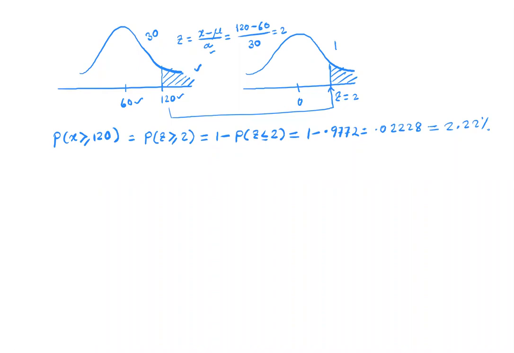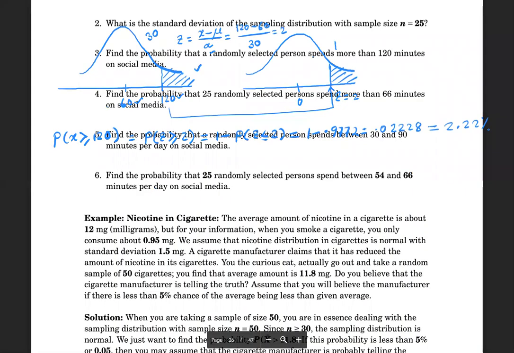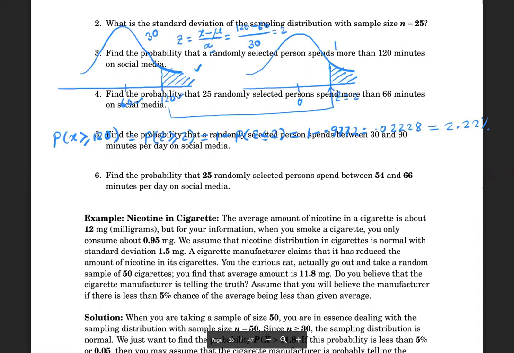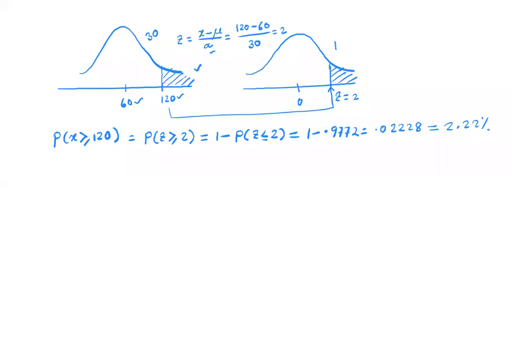Of course, the next question you can probably already guess, which is find the probability that 25 randomly selected persons spend more than 66 minutes on the social media. So let's go ahead and do the problem. Even though it's not in the lecture notes, I'm going to do this one. This is for one person, right?